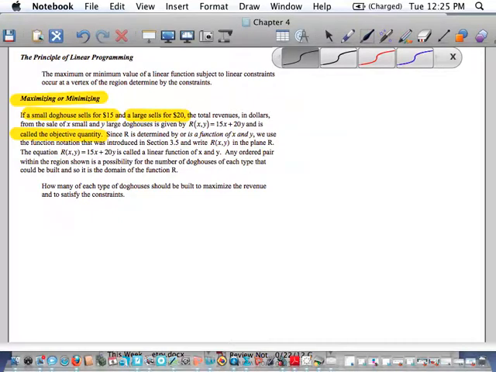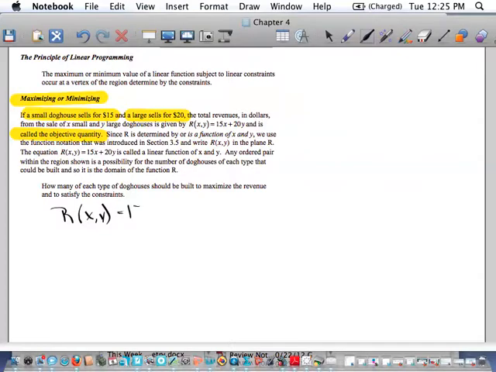So let's take a look. We know our function is R of x, y is equal to 15x plus 20y. So now we want to look at those vertices. We can look at R of 0, 0. I'm not sure that makes a lot of sense, because the revenue then would be 0. So if he produces no doghouses, he makes no money.